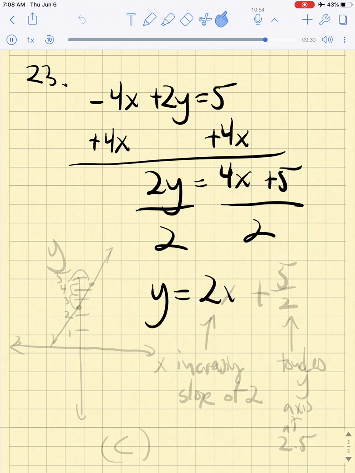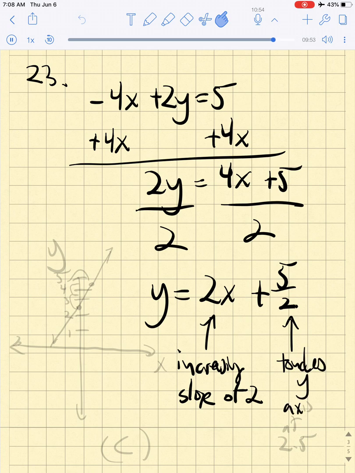Y equals 2x plus 5 over 2. This is the slope increasing because it's positive. Slope of 2. This is where it will hit the y-axis, touches the y-axis at 2.5, right? 2.5.